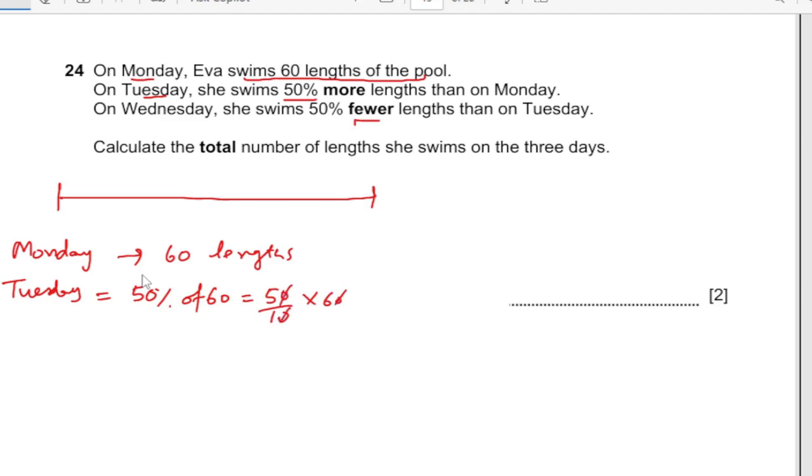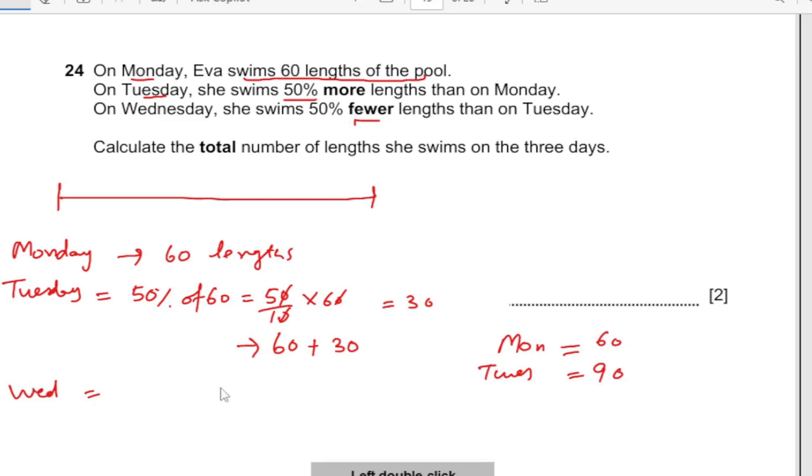So this 0 and 0 is gone, 5 times 6, 30. On Monday it was 60 and 50% more is 30, right? So this is 90. Okay, and on Wednesday it says 50% fewer than on Tuesday.